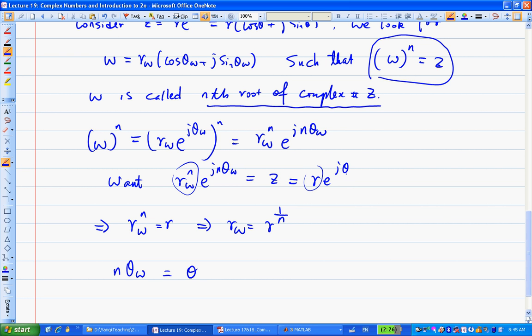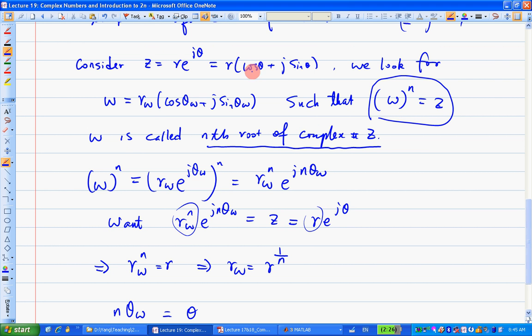Now, however, because of the unique property of e^{jθ}, what is e^{jθ}? It is cosine θ plus j sine θ. What's unique about cosine and sine?